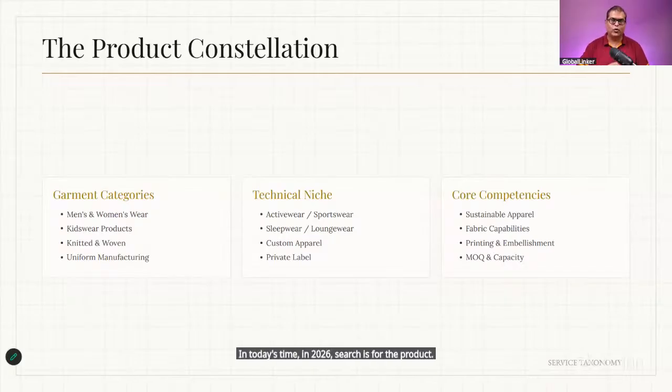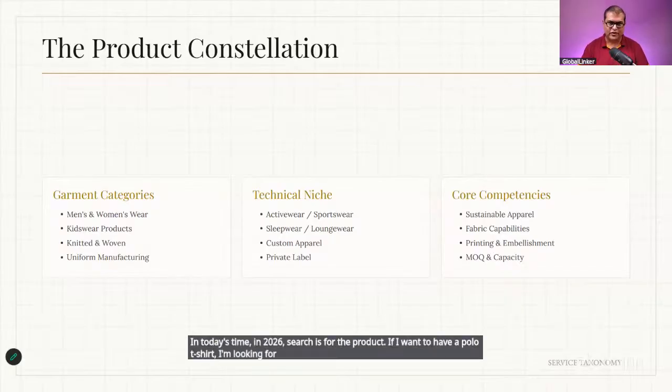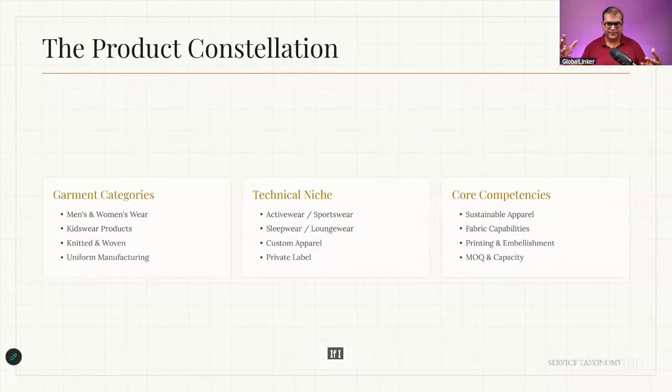If I want a polo t-shirt, I'm looking for a polo t-shirt. If I want black pepper, I'm looking for black pepper. If I want basmati rice, I'm looking for basmati rice. If I want a steam boiler, I'm looking for a steam boiler.